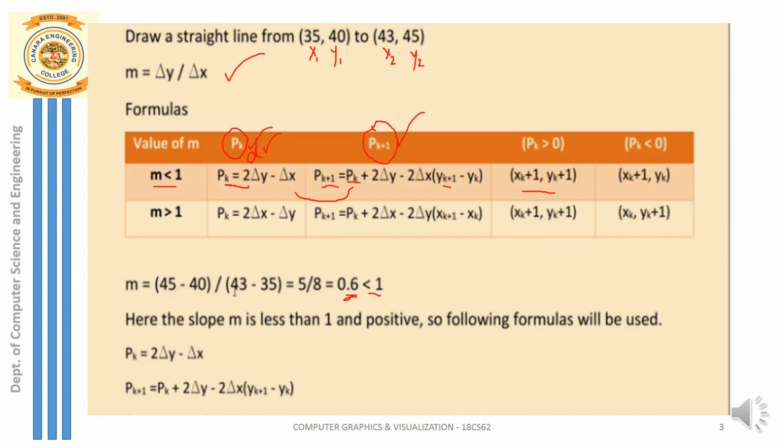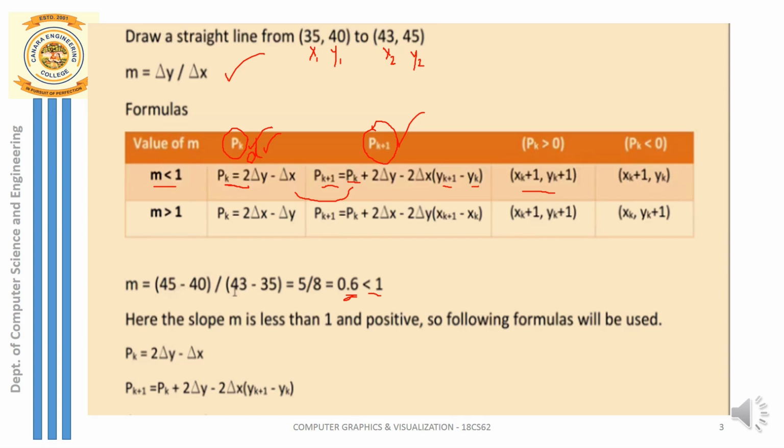What is this yk plus 1? It is the next y coordinate that you are calculating, which should be subtracted from the previous y coordinate that you have already calculated. So yk plus 1 minus yk. This is the formula used to calculate the next decision parameter.